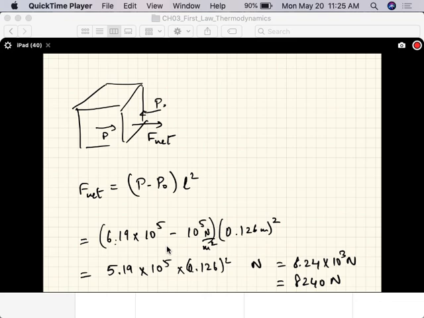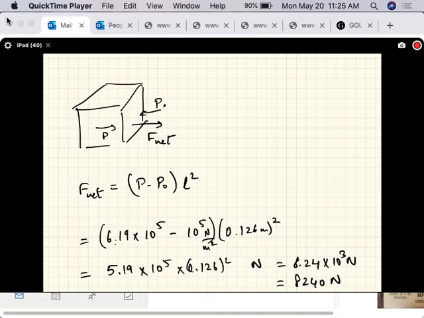Okay. When we get done with the problems, I'll show you a demonstration of the force exerted by air.